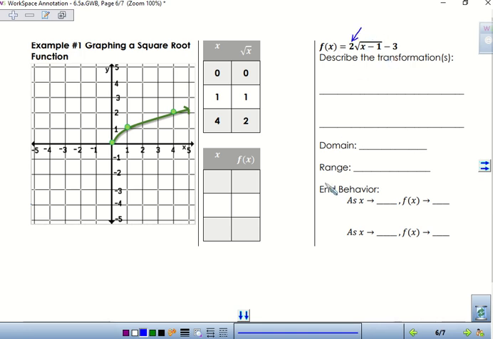This right here indicates that I have a vertical stretch of 2. Do I also have a vertical reflection, yes or no? No, because the a value is not negative. We also have another vertical transformation. We do go right 1, but we also go down 3.